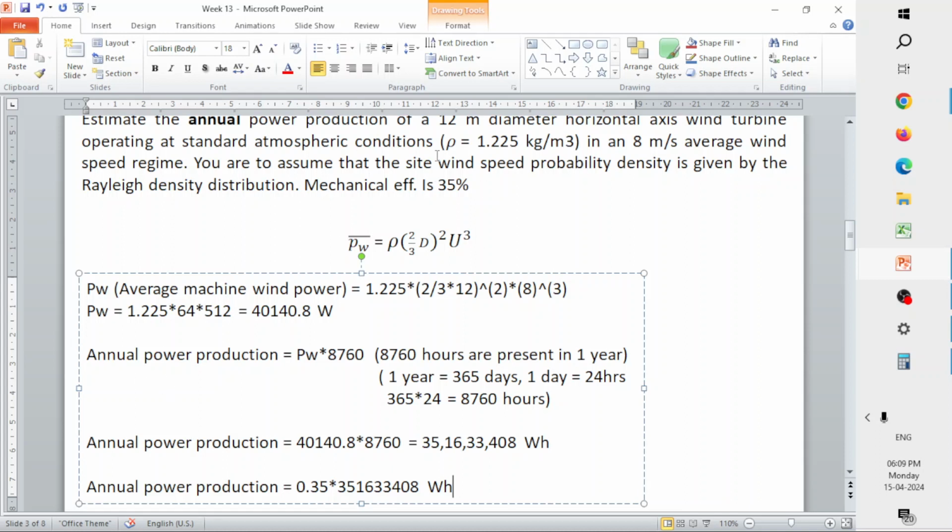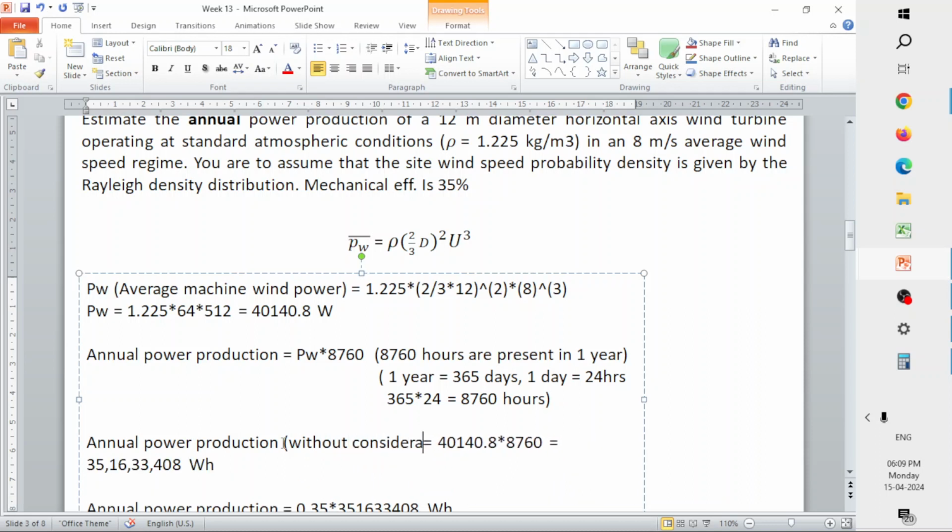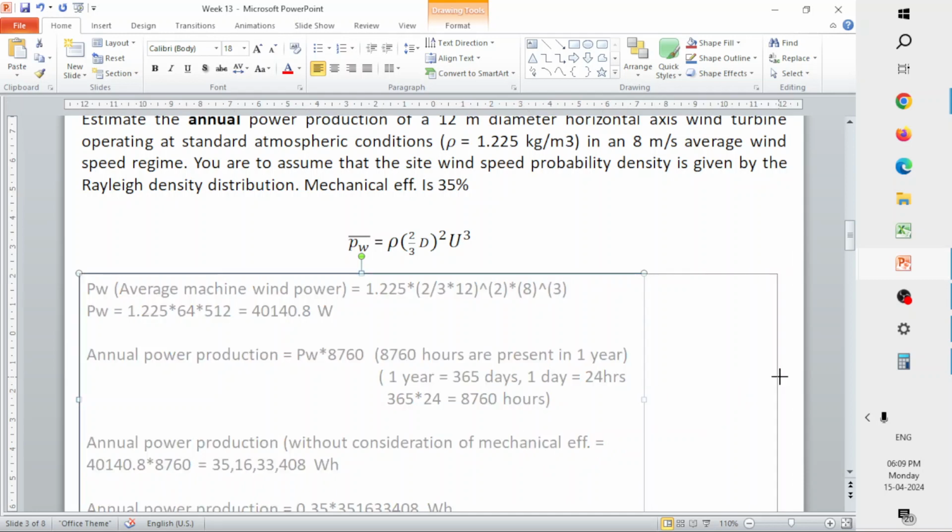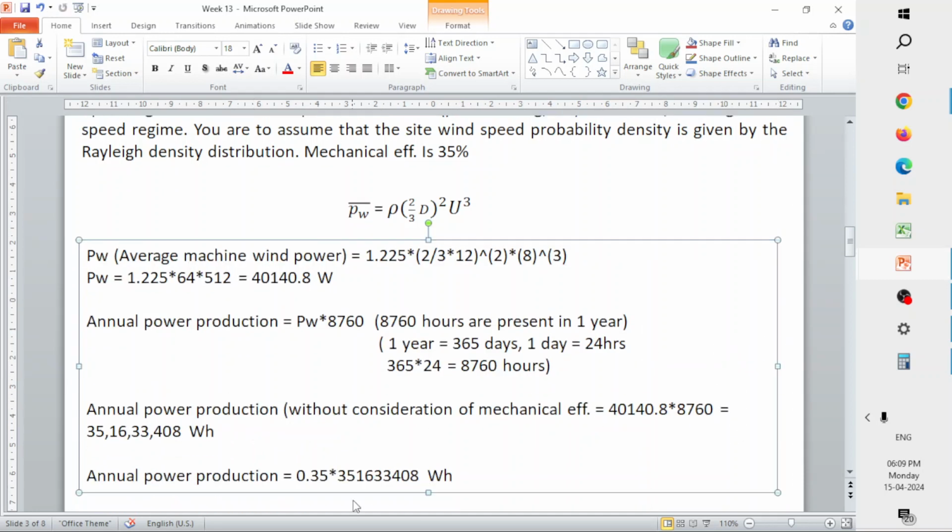This is without consideration of mechanical efficiency, and this is with the consideration of the mechanical efficiency.